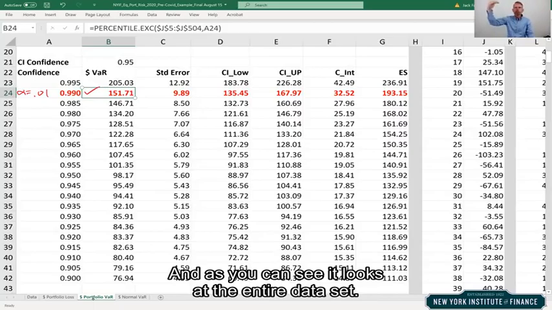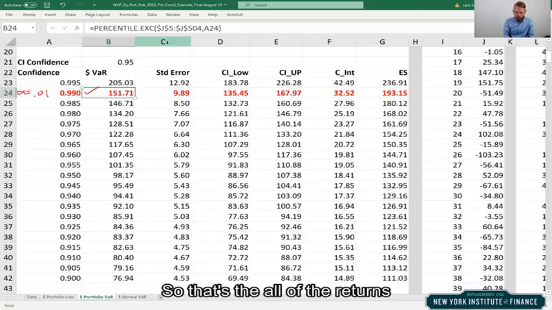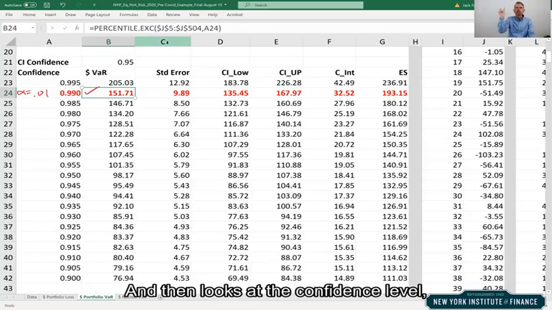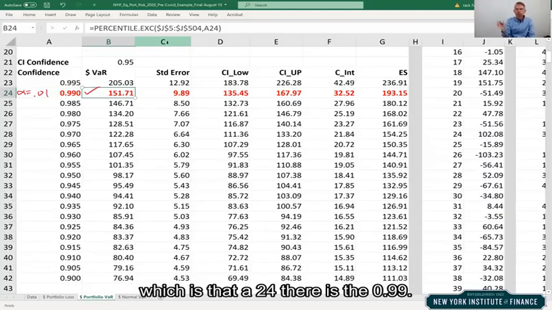And as you can see, it looks at the entire data set, so all of the returns that we have, all 500 returns, and then looks at the confidence level, which is that A24 there, the 0.99.